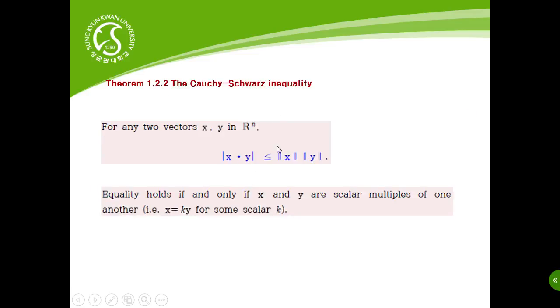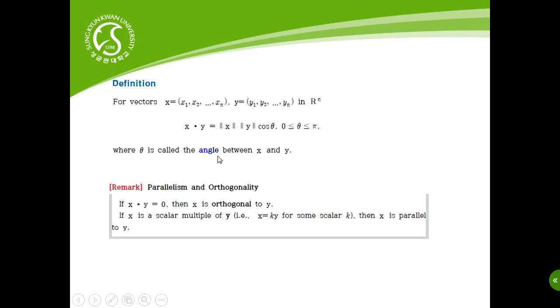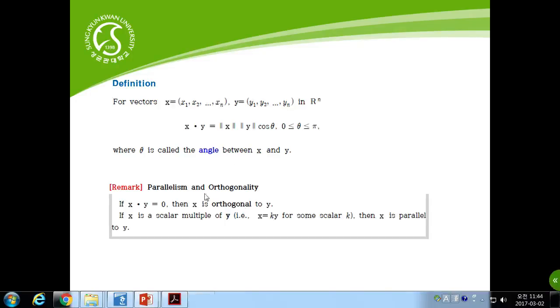Okay, the properties of it. And this is the Cauchy-Schwarz inequality that you know as well. And then the angle is defined. Okay, is there anyone who can define the angle properly? It is defined as this value theta that satisfies this, which comes from the Cauchy-Schwarz inequality.